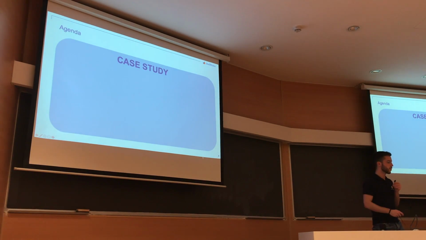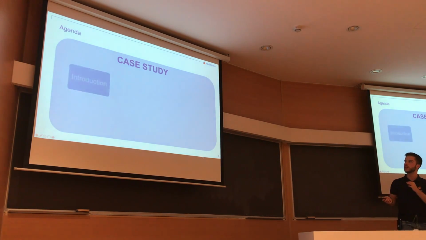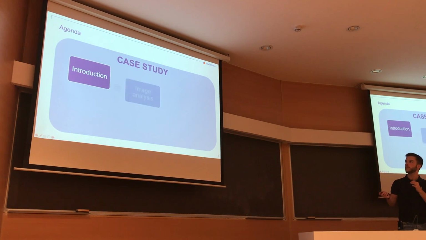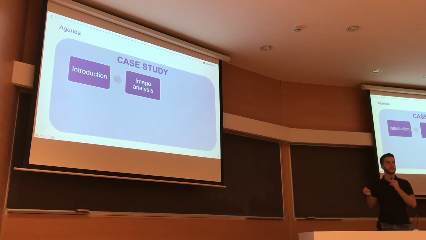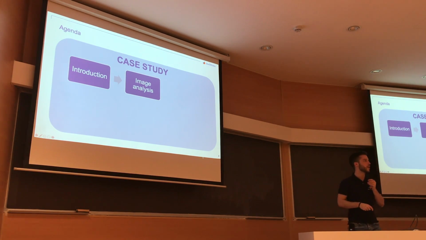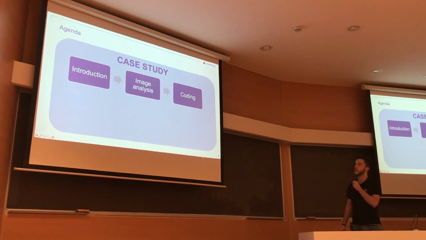Okay, let's go with today's case study. What we will see is a short introduction. After that, we will have some hints on image analysis, because we need image analysis in order to perform today's task. After that, a little bit of coding to show you how these image analysis functions work.